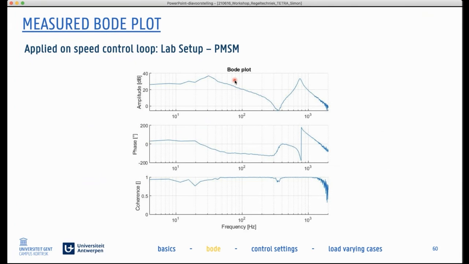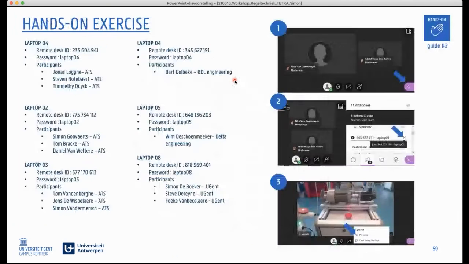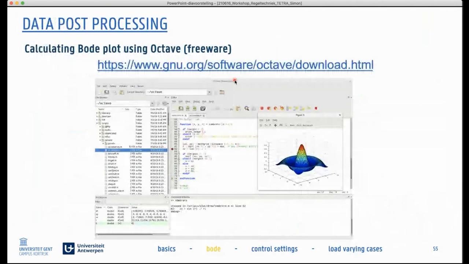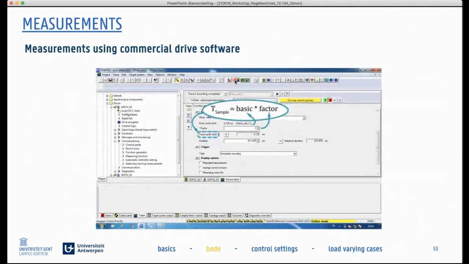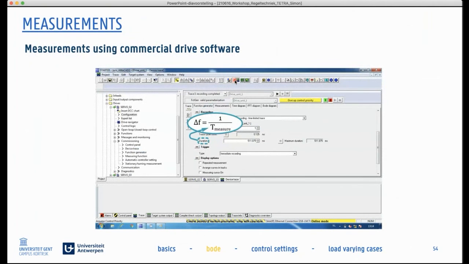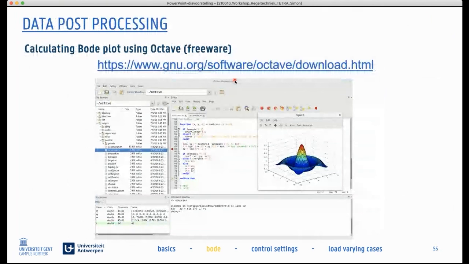What you've seen right now is that you're able to measure a Bode plot yourself in the Starter software. You can play with the measurement time and with the sample time. It has a large influence on your Bode characteristic, but once you know that, you can have very good Bode characteristics.